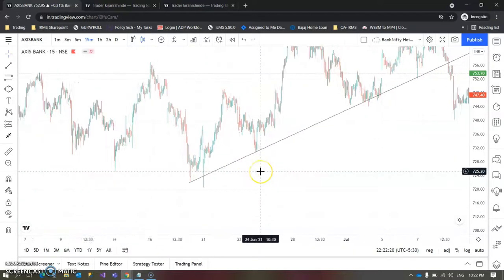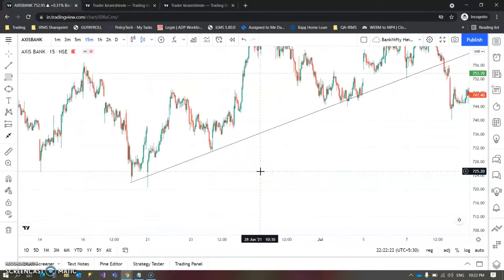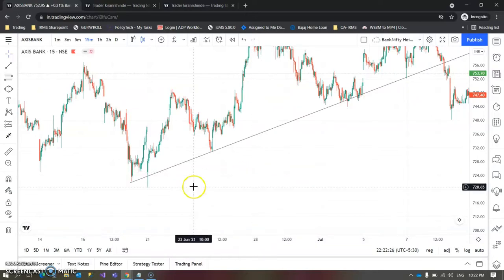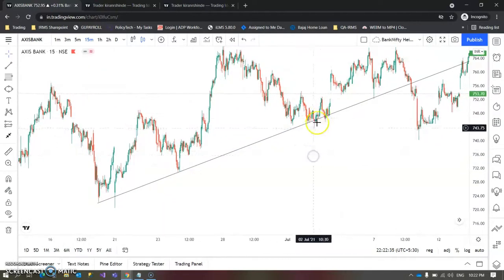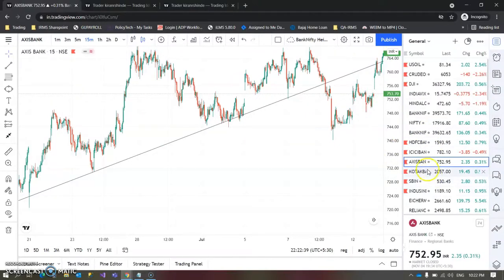Basically a trend line should consist of at least 2 points. And when a script is taking support more than 2 times, then from the third time onwards the possibility of breakdown or breakout becomes higher.